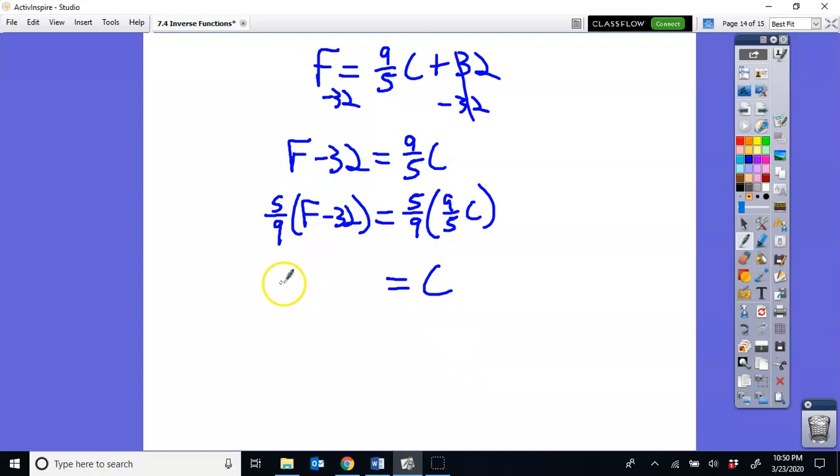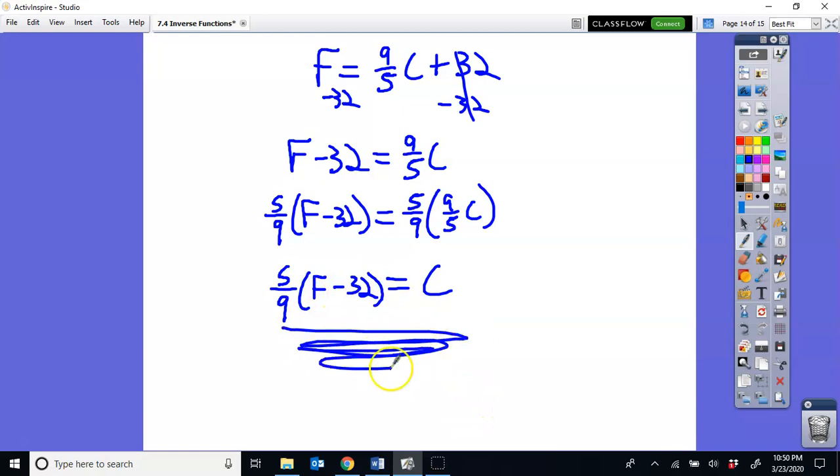And then on the left-hand side, you have 5/9 times this f minus 32. And I'm okay with you leaving that f minus 32 in parentheses and not actually distributing the 5/9, because that's a pretty ugly fraction.